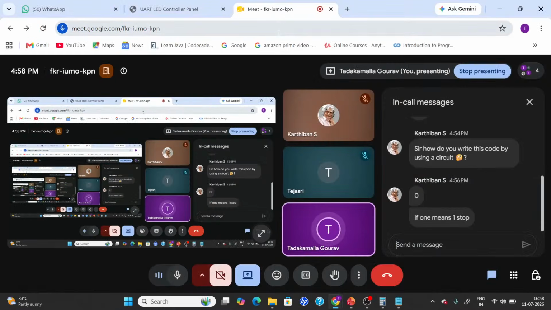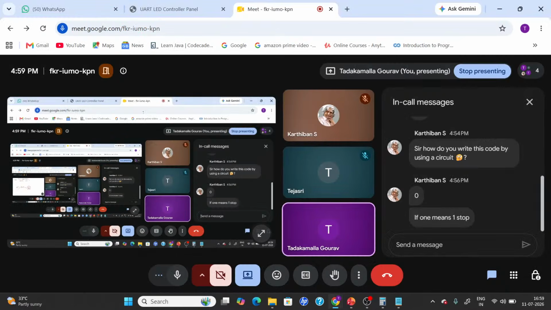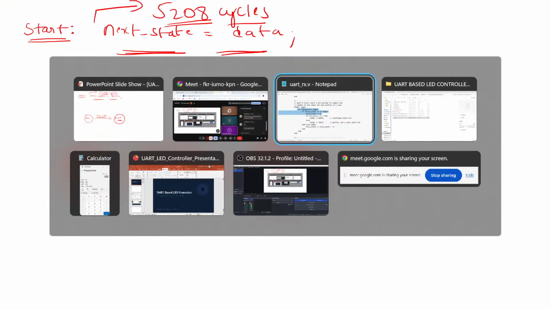For that, I should implement a counter, and that counter should count for 5208 cycles. Then only should I change to my data state. Am I clear? Yes or no? So up to that many cycles, you're not going to get any data. Now, I need to develop that counter, and I'm going to show you where now.